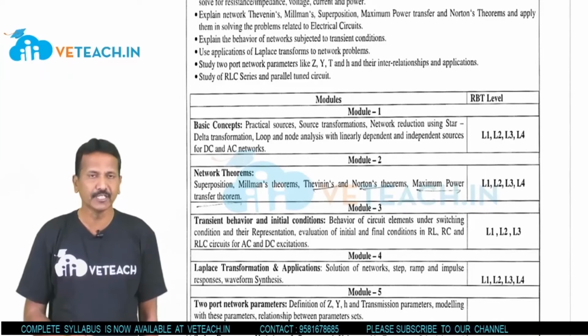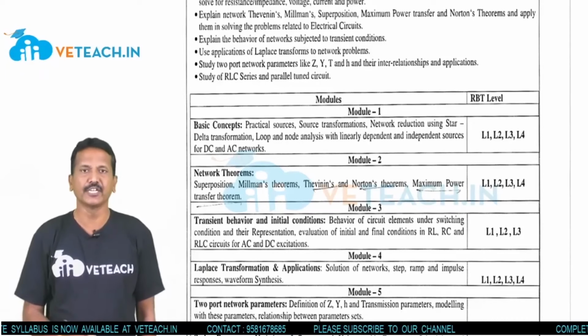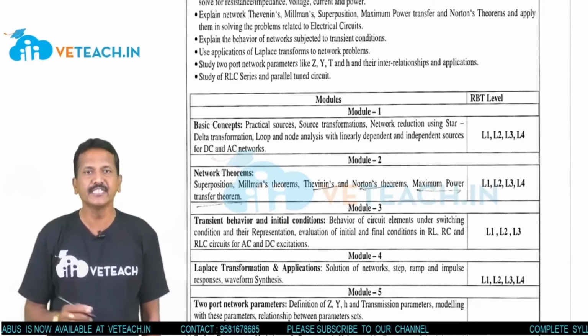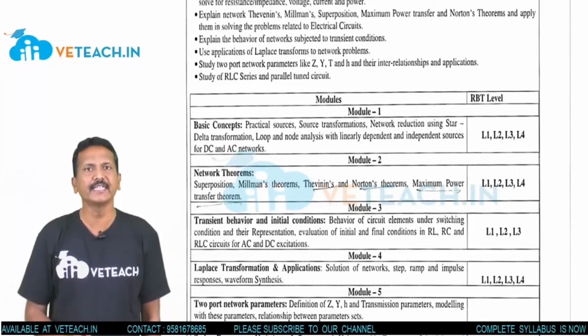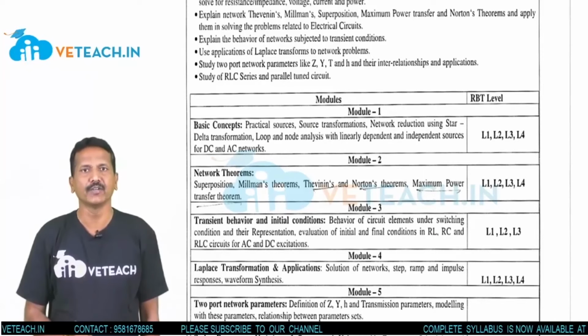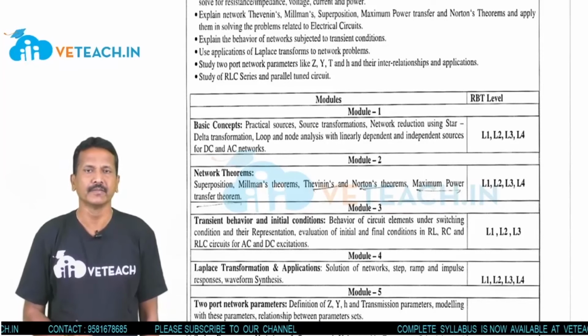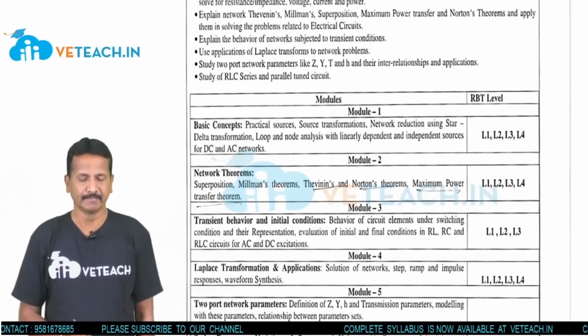Norton's theorem gives about the current. Maximum power transfer theorem: already you know the maximum power, so this theorem gives the maximum power. So each and every theorem has its own application, own advantages and own concepts. Right? These theorems we also use in our daily lives.